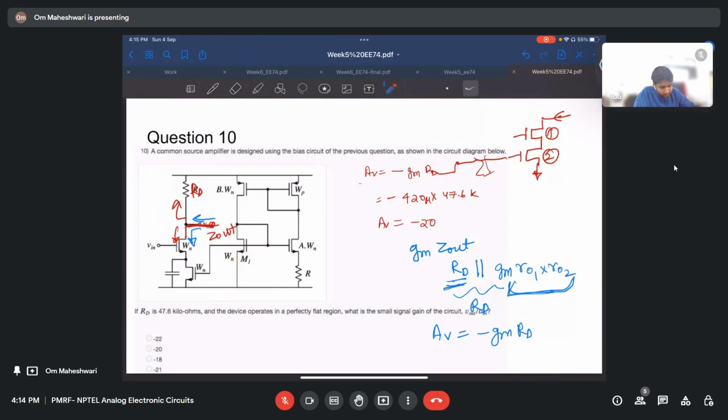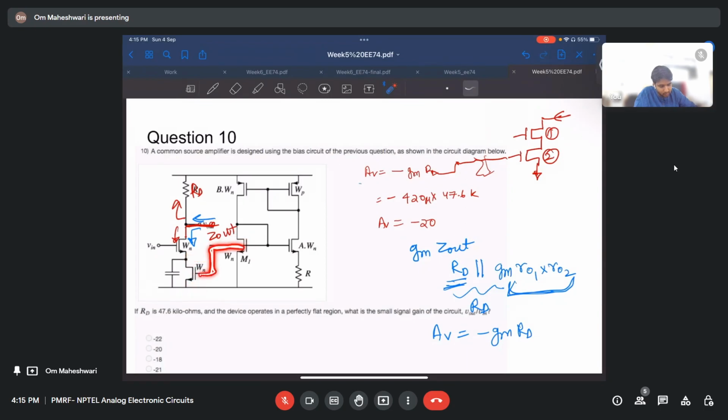But we will not consider that because they are not participating in this branch. This Z out here will only depend on these two transistors and this RD. If it had been connected to the drain or source terminal, then it would have come into the picture, but not with the gate.